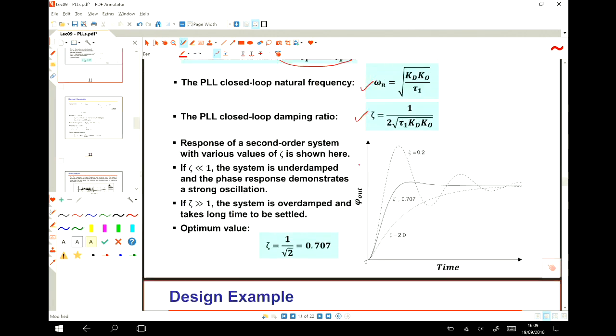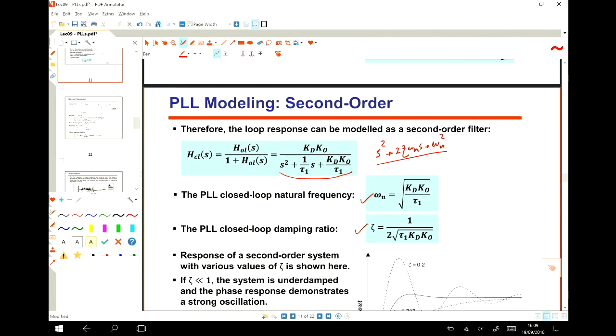So Kd Ko equals omega n squared gain, and then we can say that the gain, or A naught, equals 1 over tau 1, or 1 over RC.